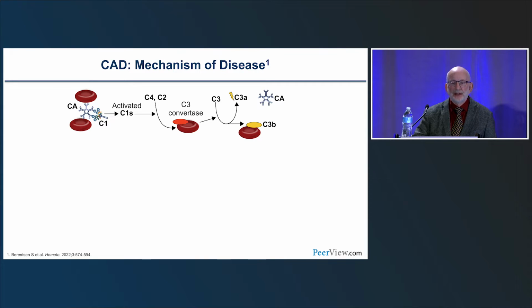C1s splits in turn first C4 and then C2, and you get the complex of the split products, the C3 convertase, that splits C3 into C3a, which is a soluble protein with anaphylatoxin properties, and C3b, which remains attached to the red blood cells. Before this, the cold agglutinin has detached from the red blood cells. From this point, there are two possibilities.